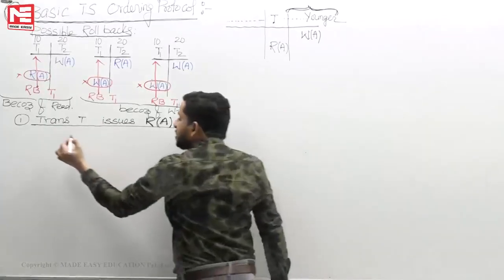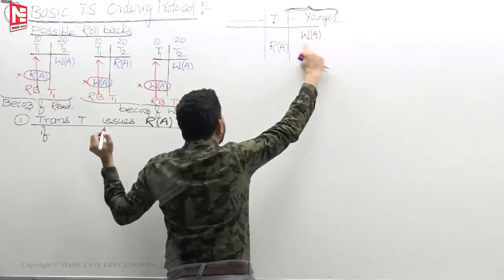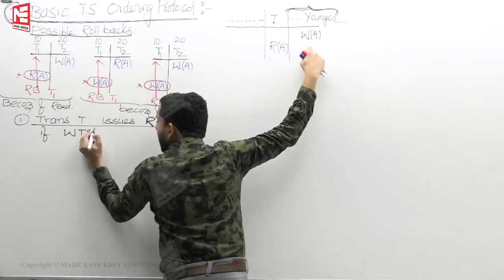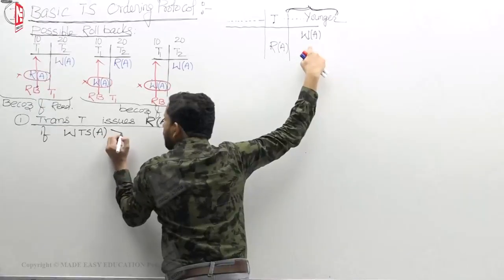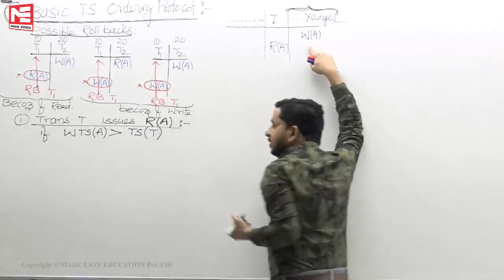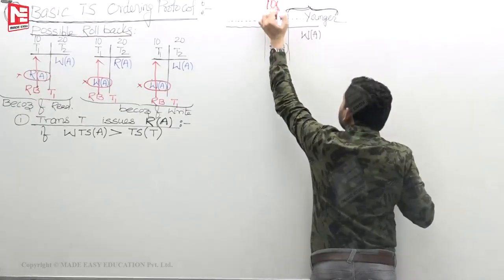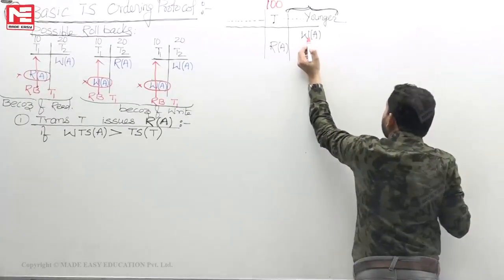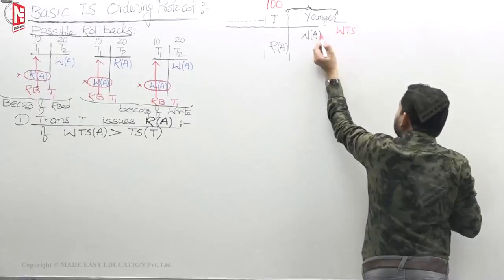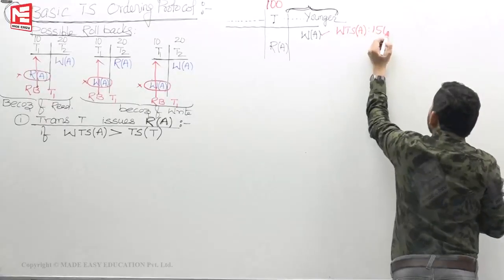So how do we test that condition? If another transaction has done the write, it means the write timestamp value of A is greater than the transaction timestamp value of T. Assume the timestamp value of T is 100. If another transaction has done the write operation, the write timestamp value of A is bigger, assume 150.